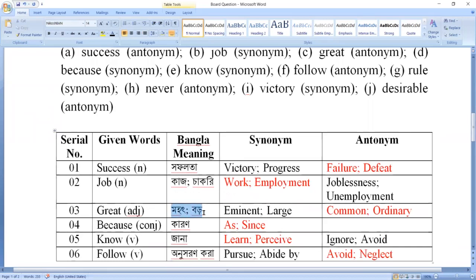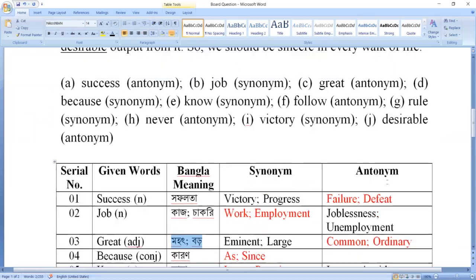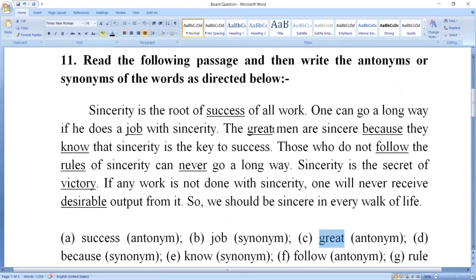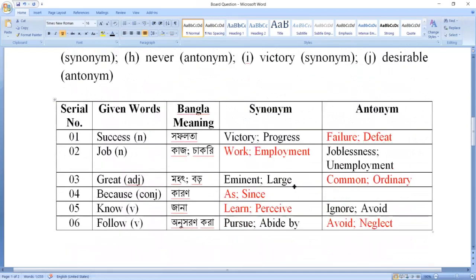Both the words are different in their meaning or in their use, but in this sentence the word great refers to famous or eminent. So we have written the synonym words eminent, and also as borrow we can see large or big, but according to the sentence we will take it as eminent.